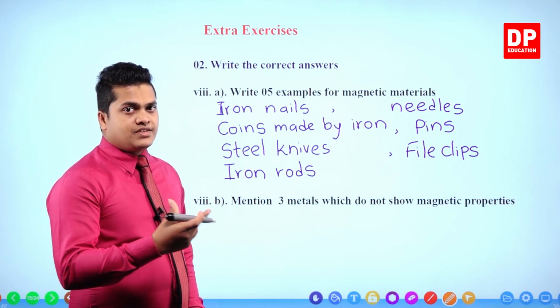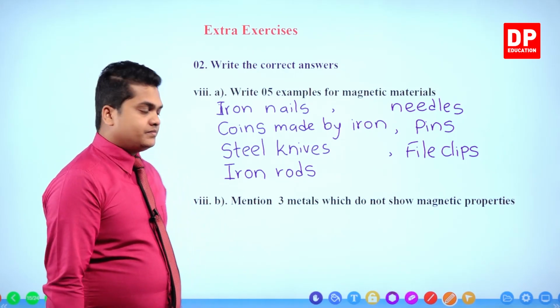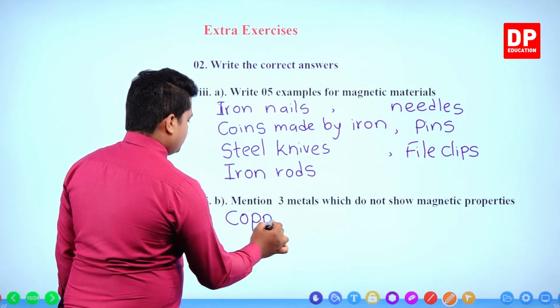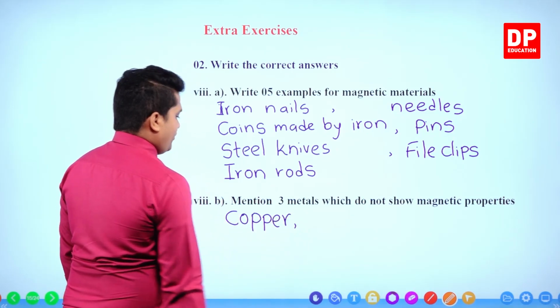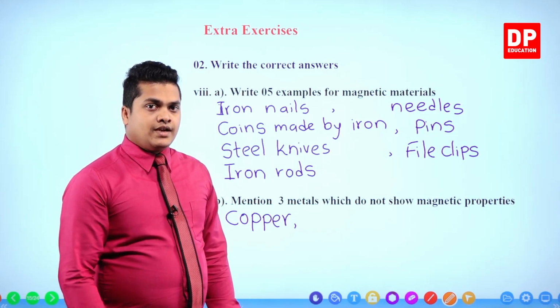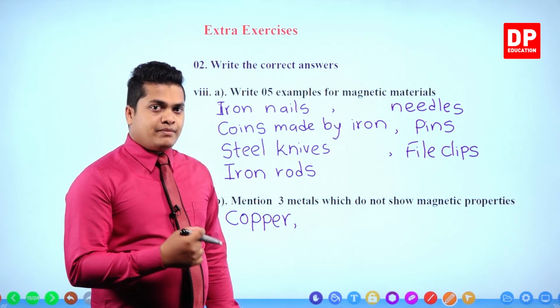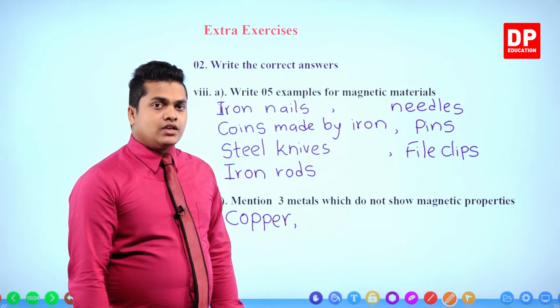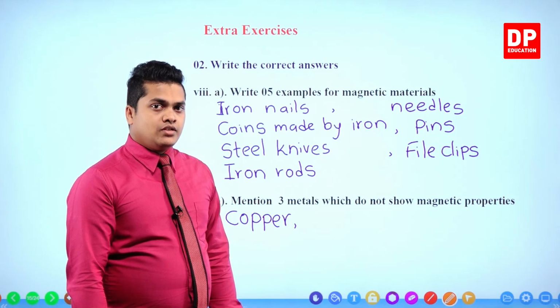So one we studied earlier, the copper. So copper. If you have a gold chain, a gold necklace, take a magnet and bring that magnet near the gold necklace.